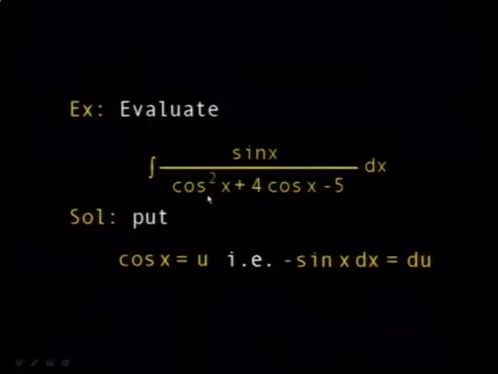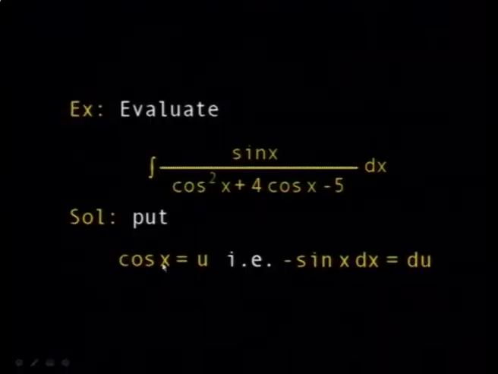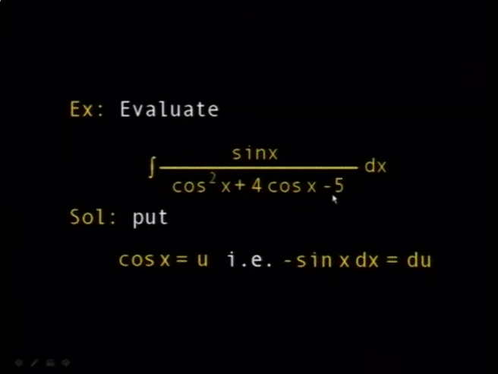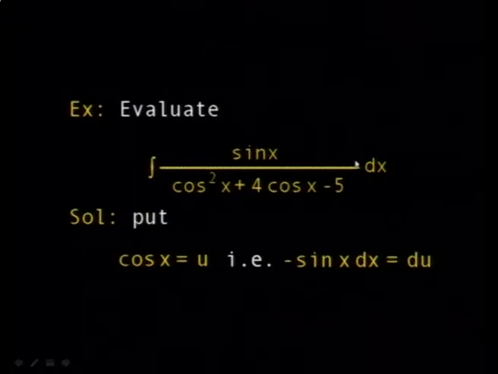Because if you put cosine x equal to u, what do you get here? You get u squared plus 4u minus 5, and minus sine x dx is equal to du. In other words, this is the form of f of g of x times g dash of x. What is f? f is 1 over x squared plus 4x minus 5. And what is g? It's cosine x. What is g dash? Minus sine x, and this is why you multiply by minus sine.